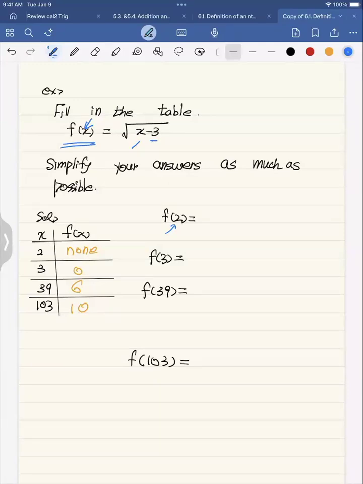First problem is f of 2. So instead of x, input minus 3, we will write 2 there. So then that's the square root of minus 1.